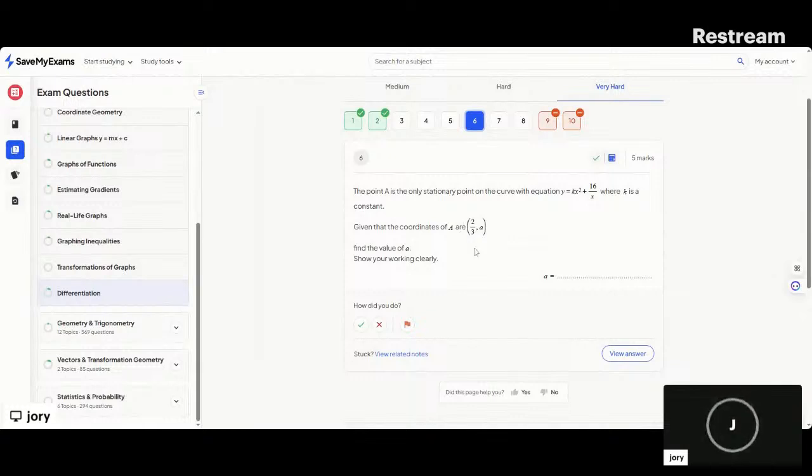Find the value of A. Differentiate, so it's 2kx plus x to the negative 1, negative 1 times 16. It's minus 16 over x squared, right, equals 0.